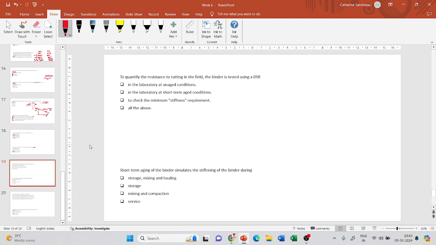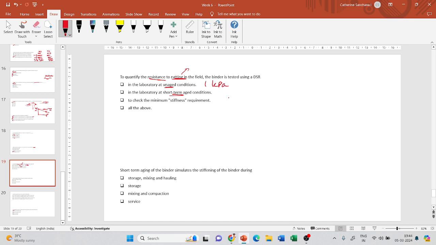To quantify the resistance to rutting in the field, the binder is tested using a DSR. Resistance to rutting: this testing is done at unaged conditions and short-term aged conditions, right? For unaged it was 1 kPa.